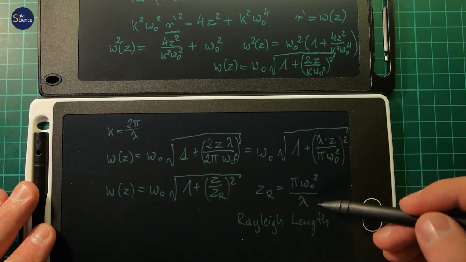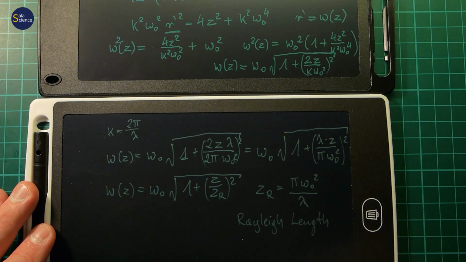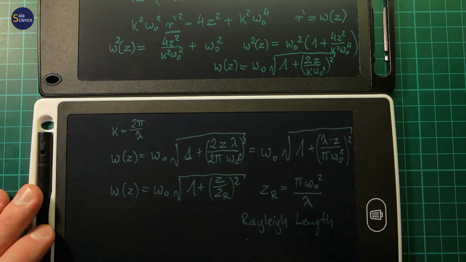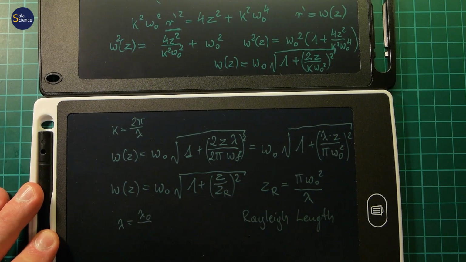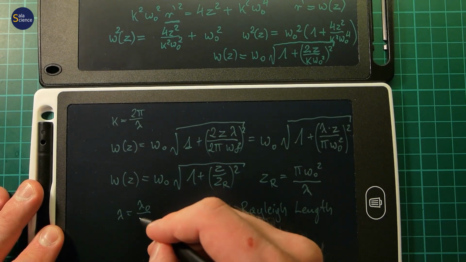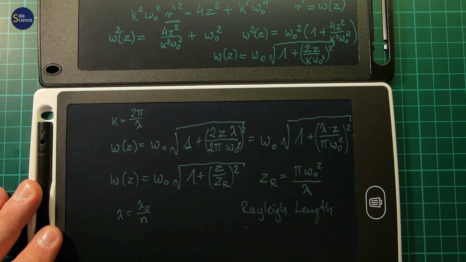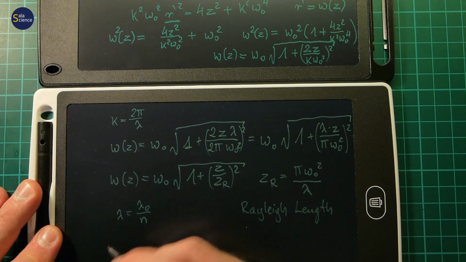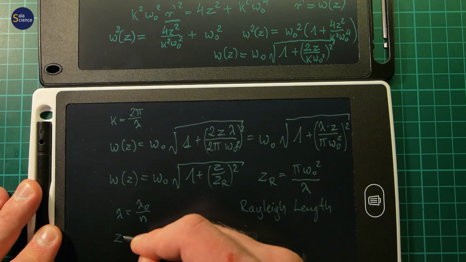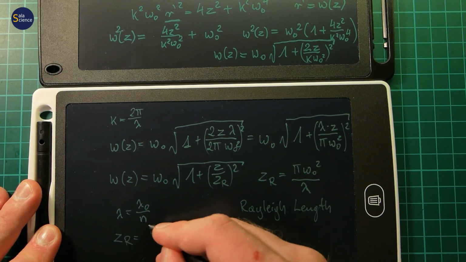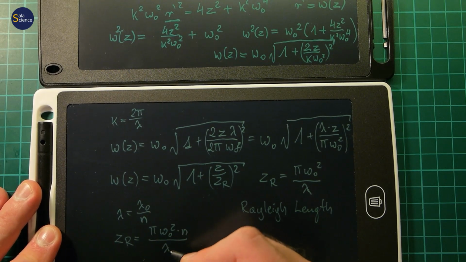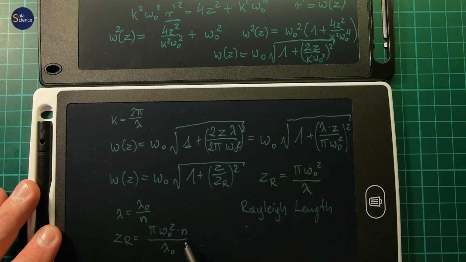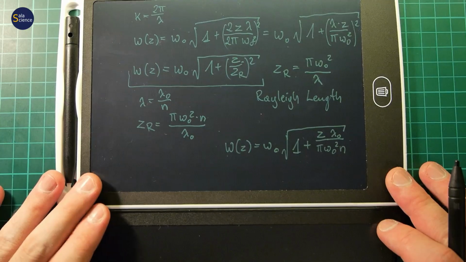Keep in mind that this lambda is a wavelength of a medium in which the beam propagates. So actually this lambda is lambda naught, the wavelength in vacuum, over the refractive index. So now we can write that zr is actually pi omega naught squared times the refractive index over lambda naught. So the Rayleigh length depends on the refractive index.